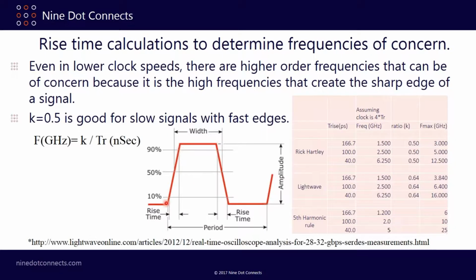And if I take 125 picoseconds here, 125 here, 125 here, 125 here is 1 clock cycle, then that would give me a fundamental frequency of 2 gigahertz. But with the 5th harmonic, that means I would have to be looking at 10 gigahertz as my highest frequency of concern. So you can see comparatively that the rise time is definitely something to be concerned about, not necessarily as important as if you have a really fast clock.